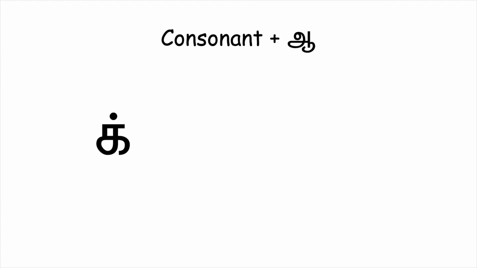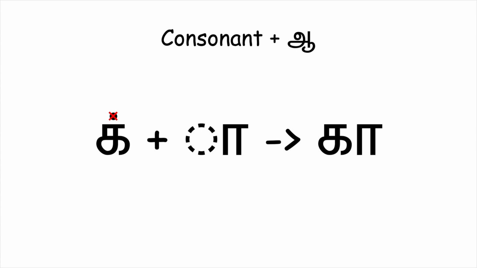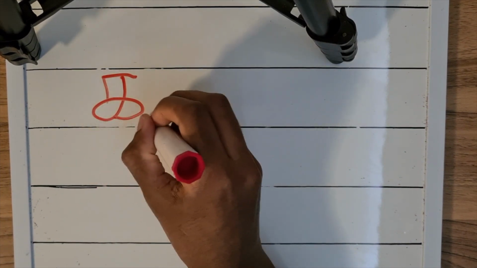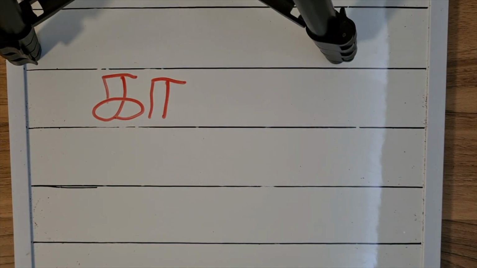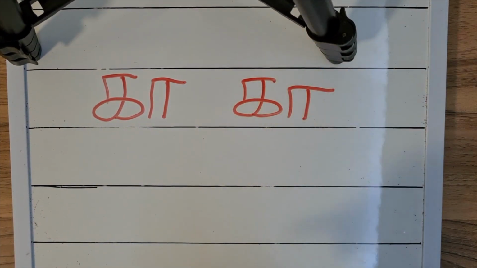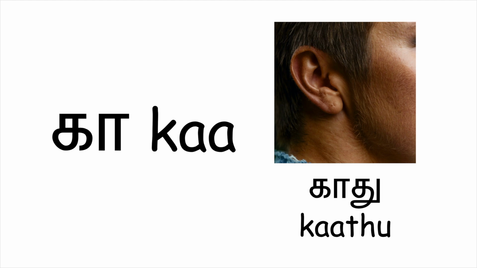For the consonant plus R combinations, we remove the dot from the consonant and add this pattern, and we can apply this to uk to get ka. Let me show you how to write ka. An example word that starts with ka is kadu, which means ear.